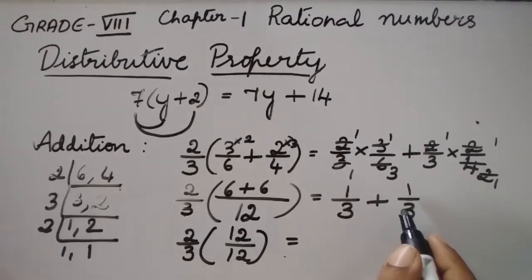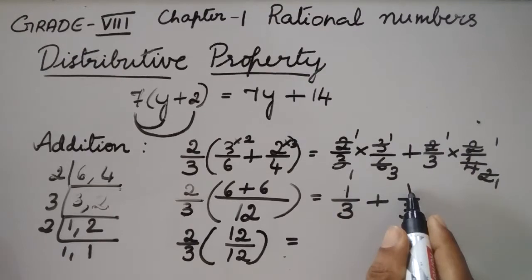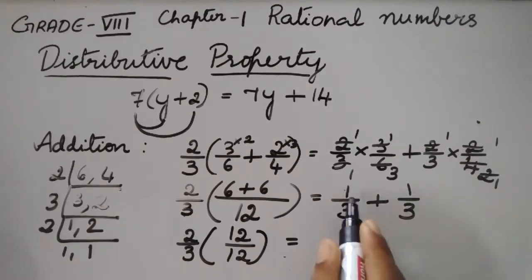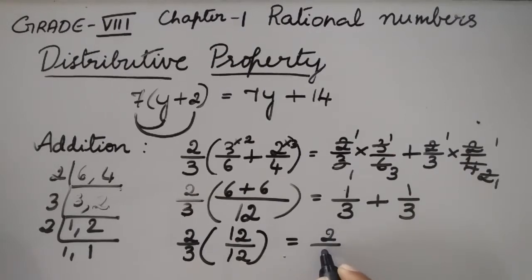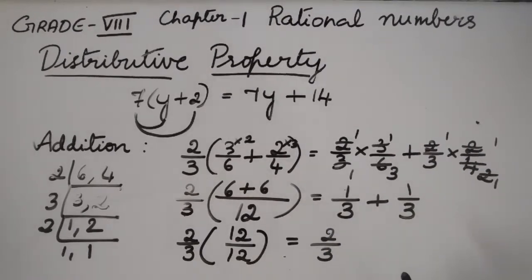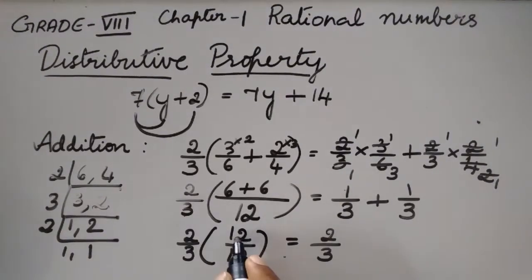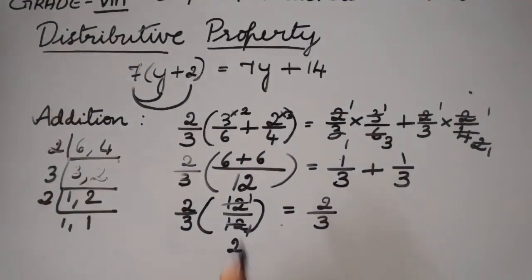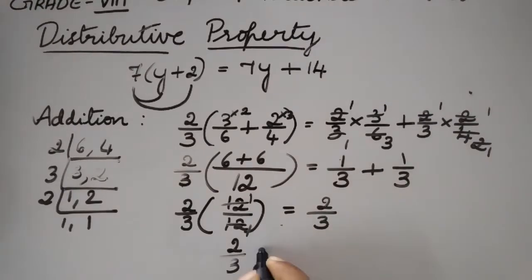We have to add the numerators by keeping the denominators same. So I have to add the numerators, that is 1 plus 1 is 2 divided by keeping the denominators same, that is 3. So here LHS, this gets cancelled out and it is left with 2 by 3 is equal to 2 by 3.